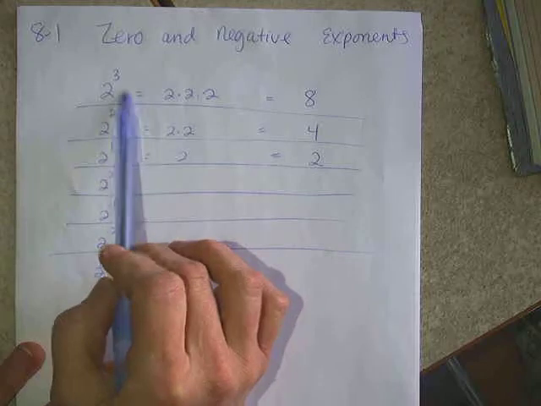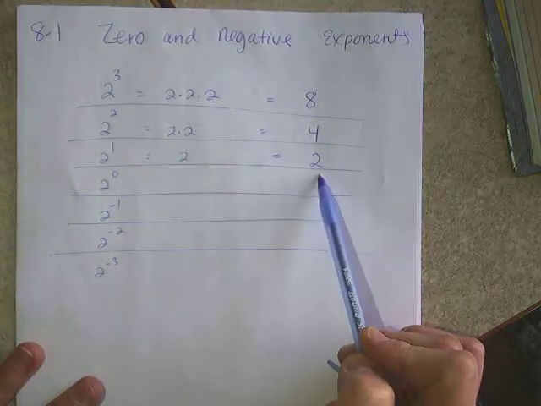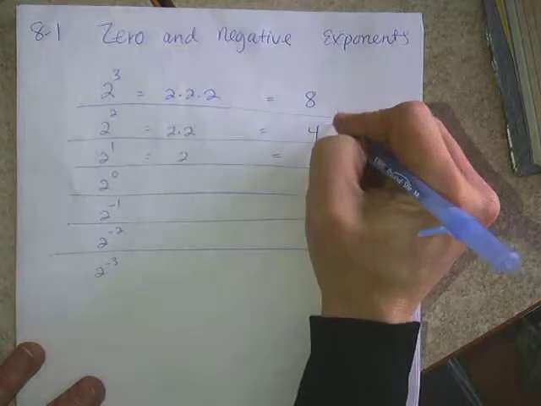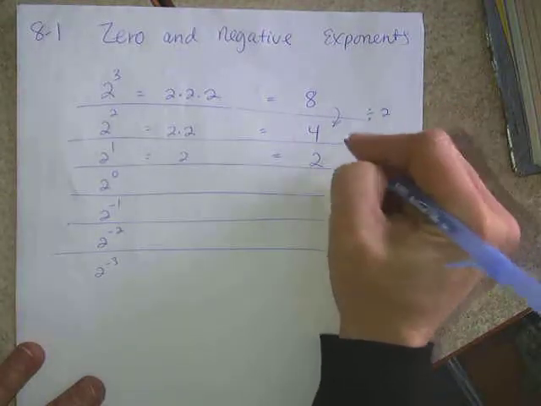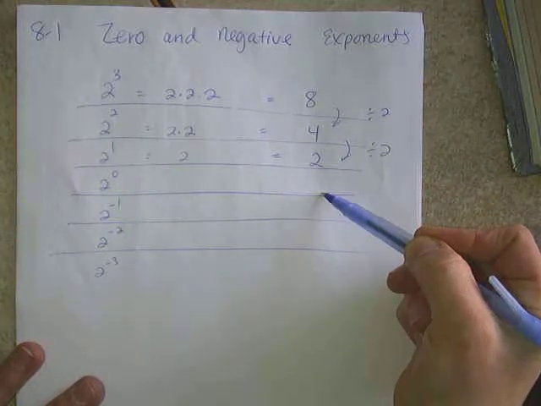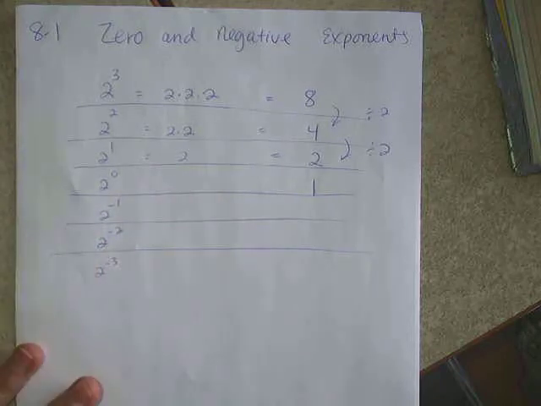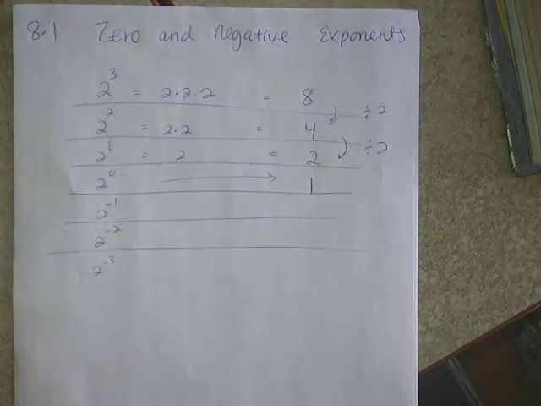The base being 2, right? 2 is the base, 3 is the exponent. But if I decrease it by 1, I'm just dividing by 2. So if I keep dividing by 2, then what would be the next number in this pattern? 1.